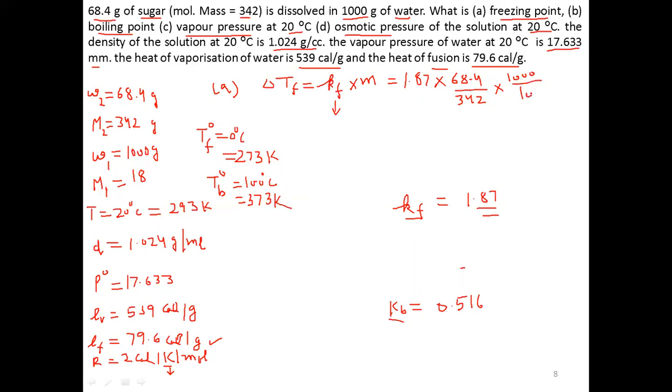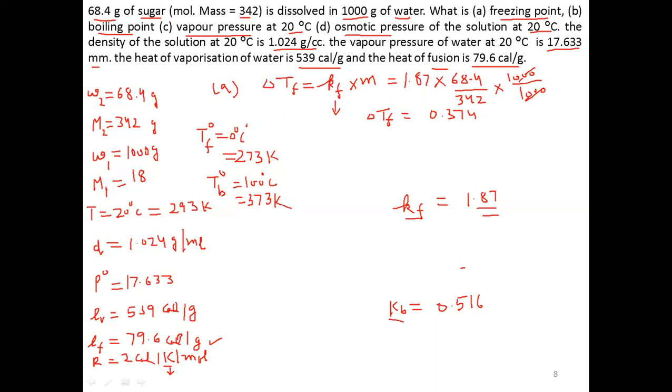So no need to write, just calculate the number of moles, that is sufficient. If you solve it, it will be something like 0.2. So 1.87 into 0.2 is 0.374. This is the delta TF, meaning the depression in freezing point.